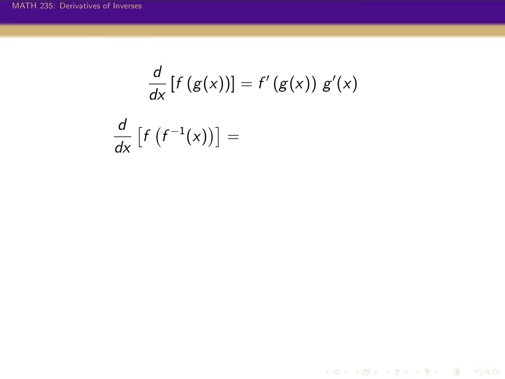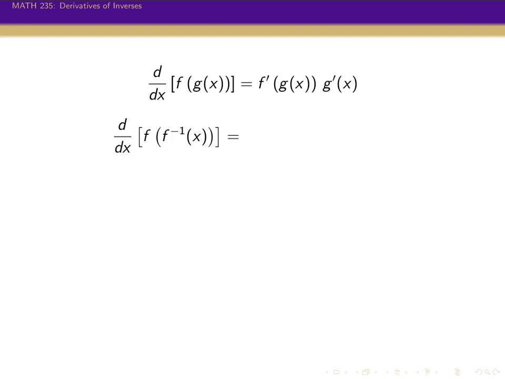Specifically, we're going to be talking about when the inside function, the g of x here, is actually the inverse of our outside function, f. So if we plug our inverse in, what's the chain rule going to say?